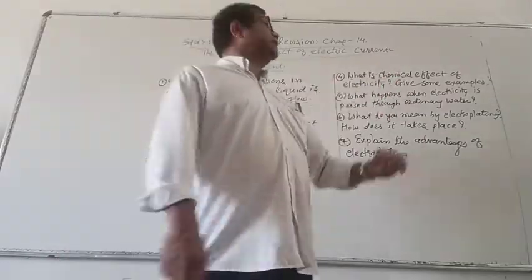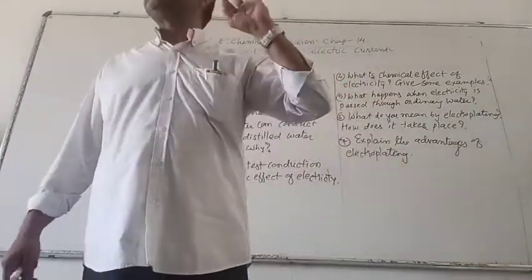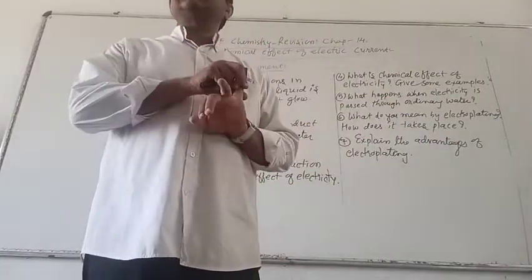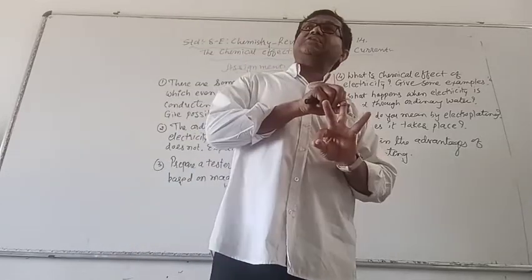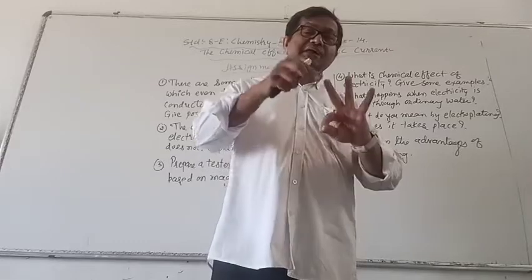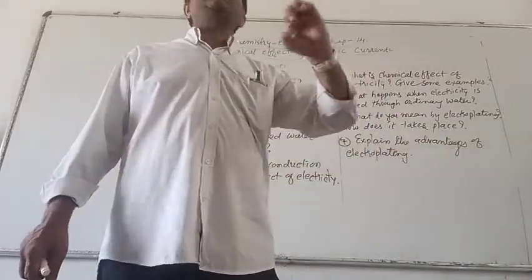Now we come to the chemical effect. We saw that there are mainly three effects of electric current. First is the heating effect of electric current. Second was the magnetic effect of electric current. Now the third is the chemical effect of electric current.